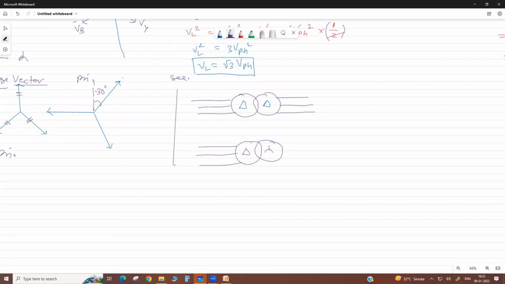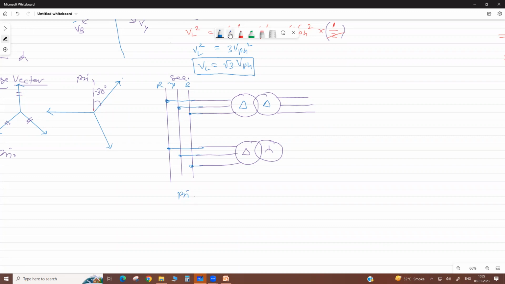So this is the primary bus, the primary bus bar. Maybe they are connected from there. R, Y, B: their phase sequence is the same. We maintain the phase sequence. So this is the primary.